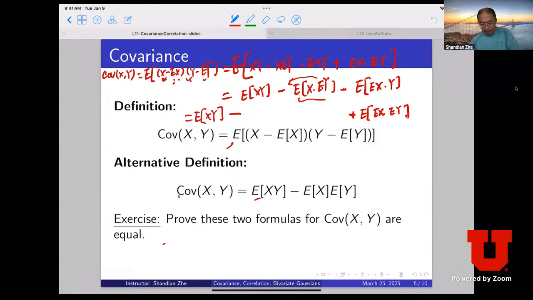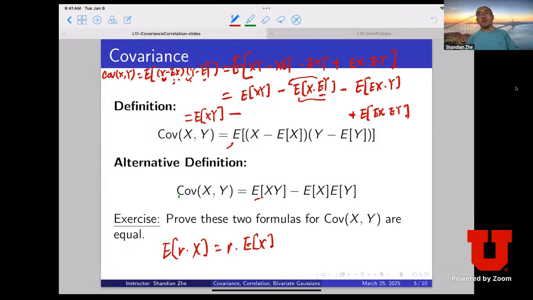If you take the expectation of any constant multiplied with a random variable, you can just move the constant outside. Question?